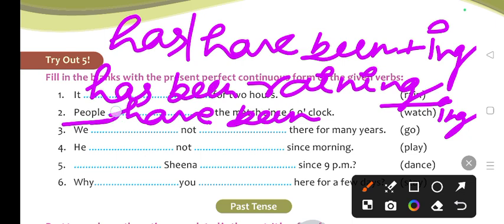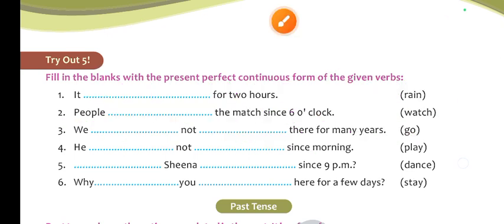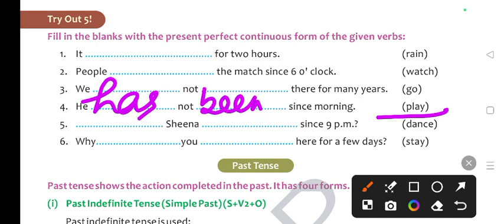Next is we have not been going. We have not been going because go is given. So we have not been going there for many years. Next question is he. So we will put here he has not been. He has not been playing since morning.